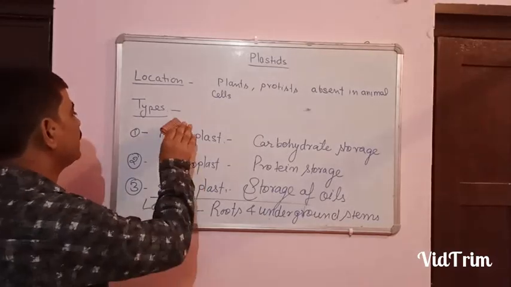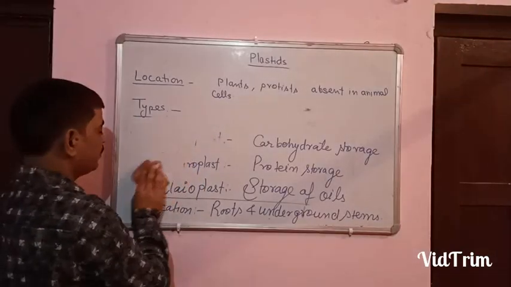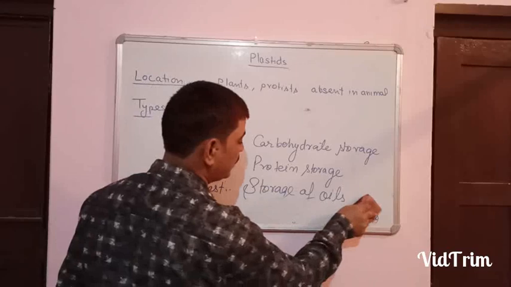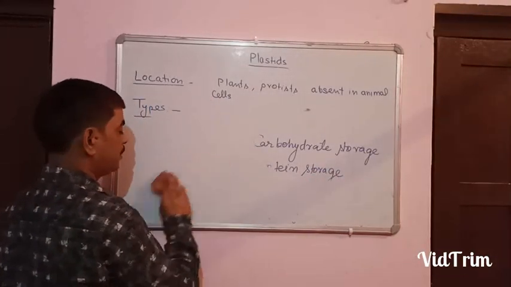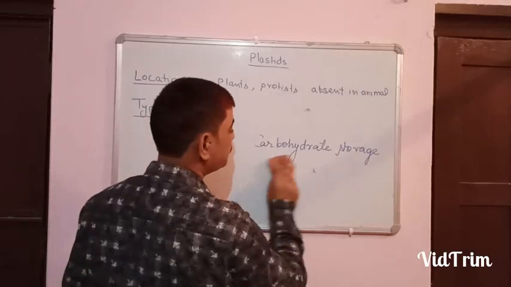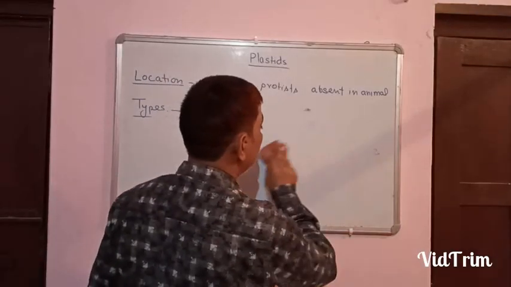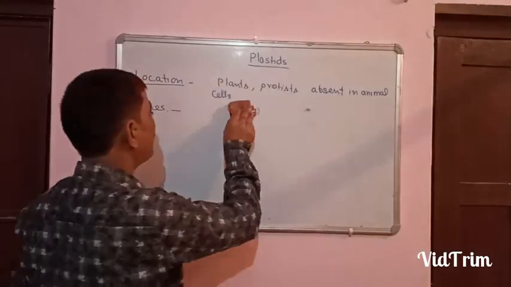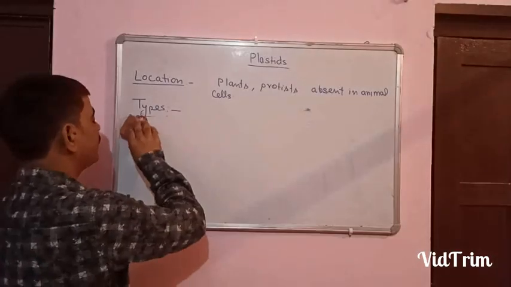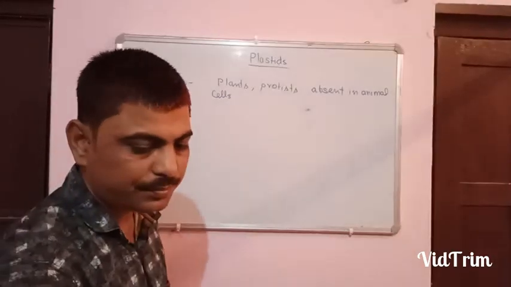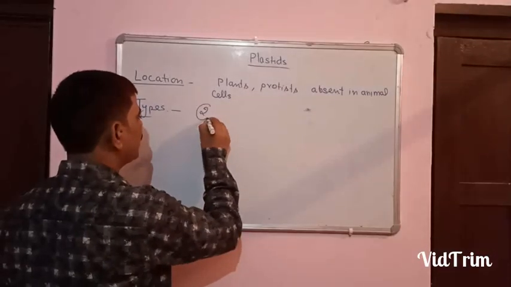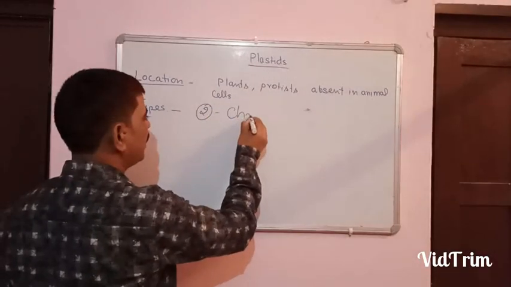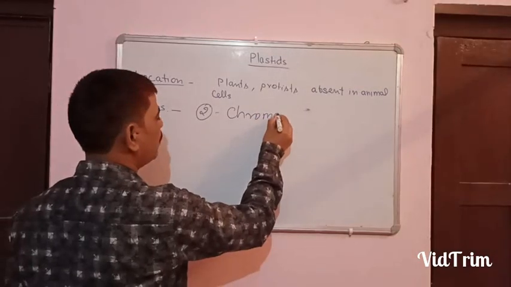Okay, now the second type of plastid is the chromoplast. They will have color. Leucoplasts do not have color; they are colorless plastids. The second type of plastids is called the chromoplast.